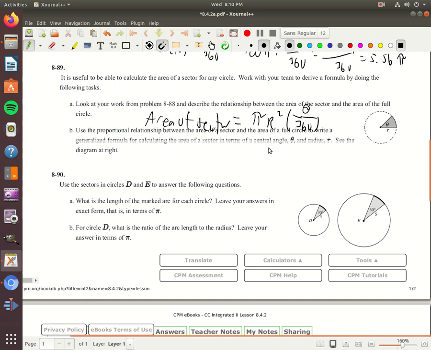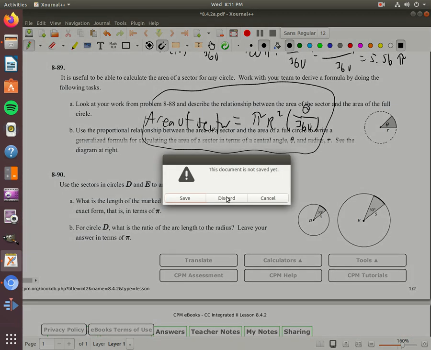Then it says use a proportional relationship between the area of a sector and the area of a full circle to write the generalized formula of the area of a sector in terms of theta and r. I guess I did that already. Okay, so we're done there.